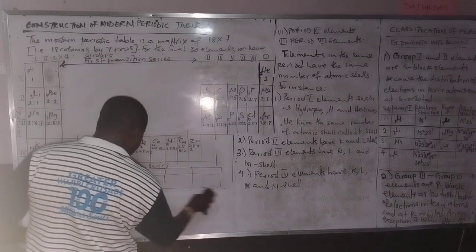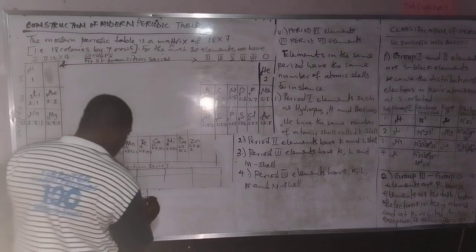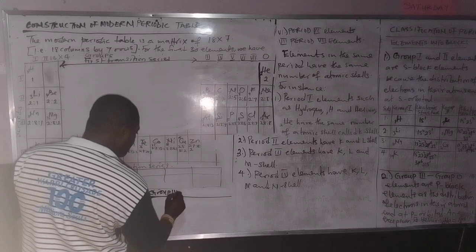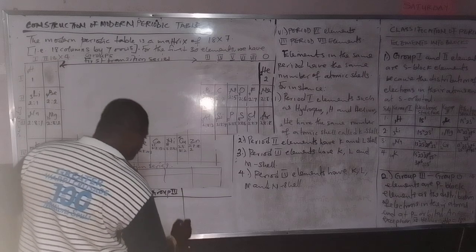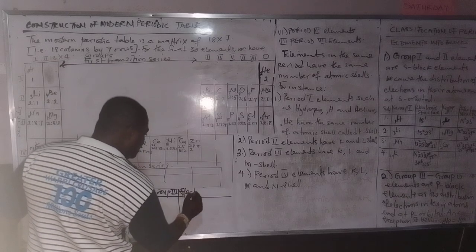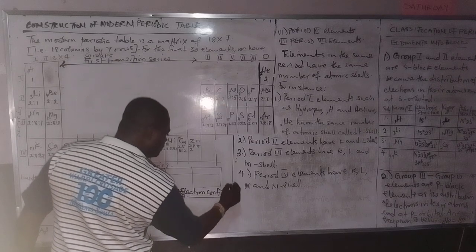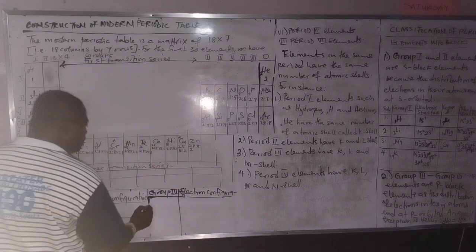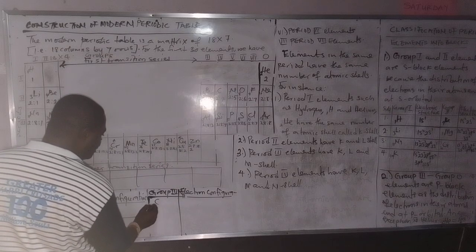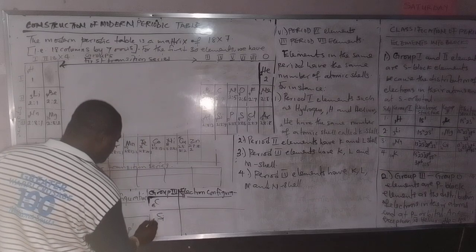Then let's check group 4 elements. For group 4, I come to electronic configuration. Now, group 4, I have carbon and silicon. Carbon 6 and silicon 14.